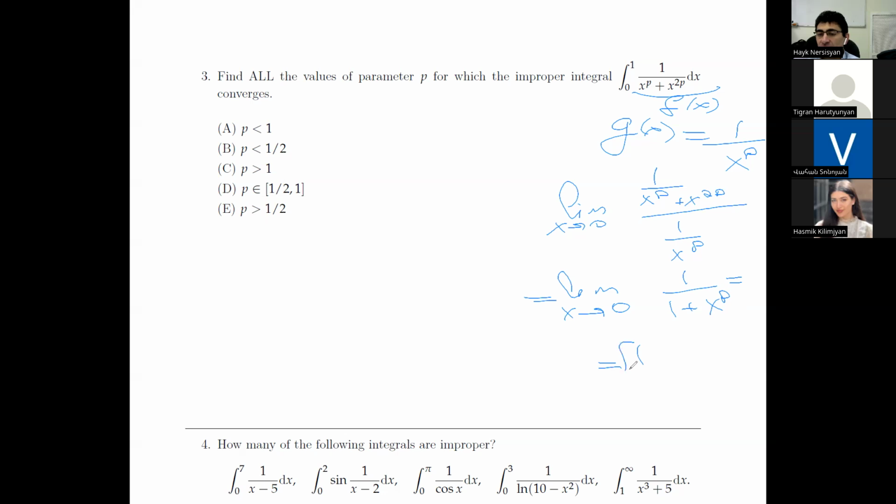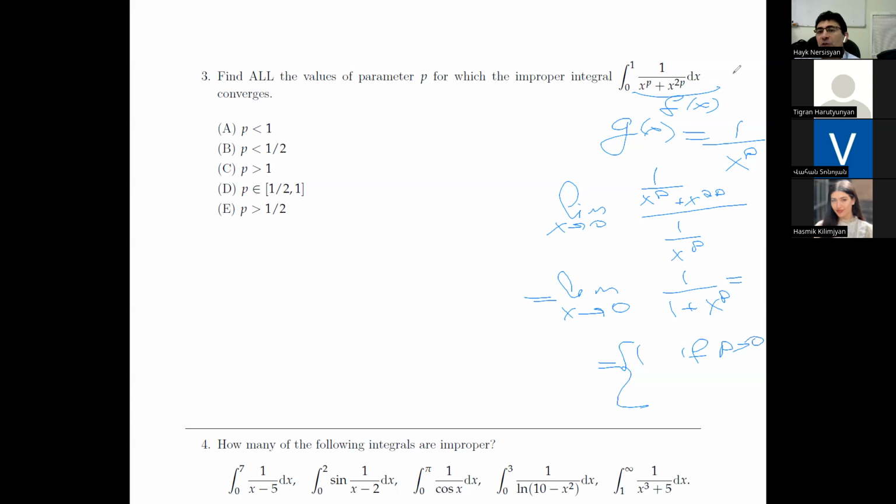So it's going to be 1 if p is greater than 0. I don't know whether it's important to consider other signs of p, like p equals 0 or p being negative.